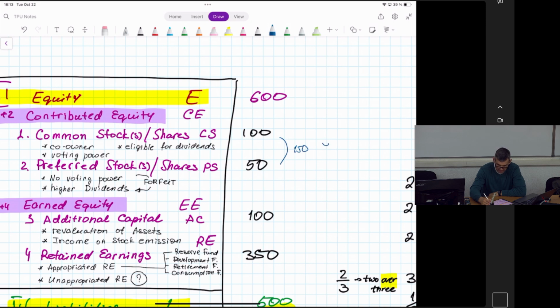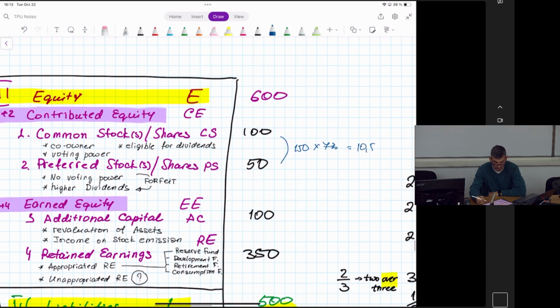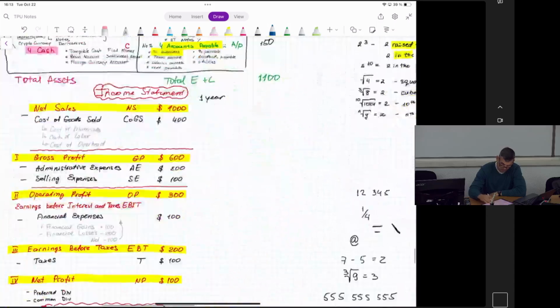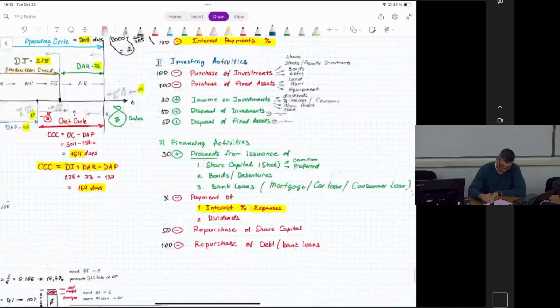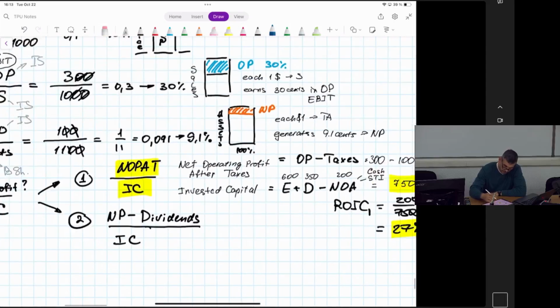Let's take 7% of that. How much is it going to be? 7% of 150. 10.5. Well, let's make it bigger. So approximately 11, and we will use this number for our dividends.